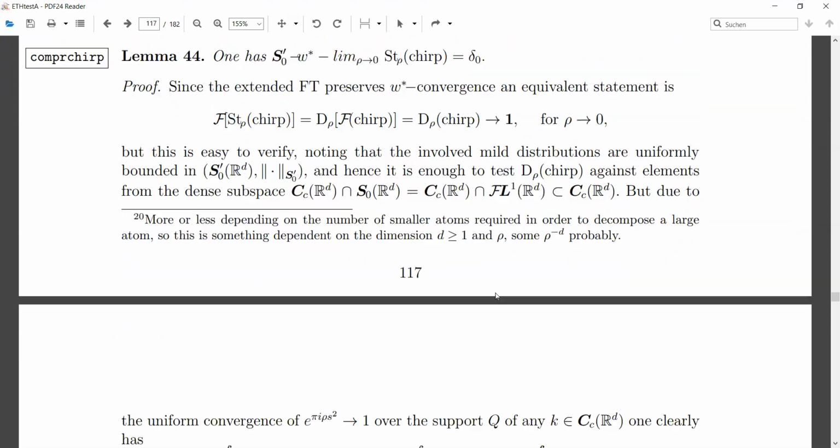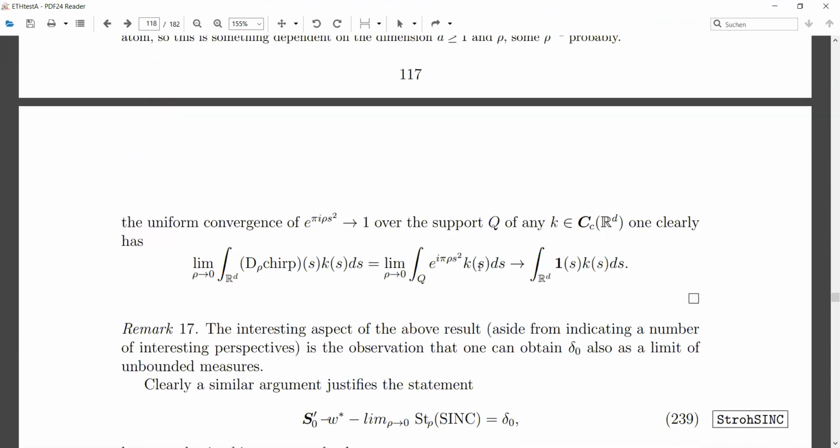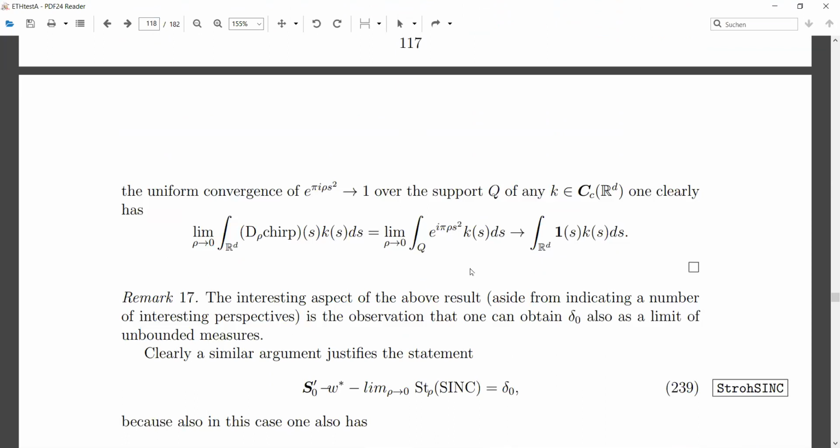Here you have maybe the detailed argument. Because of the boundedness of the chirps or the dilates of the chirps as a bounded family, because all of these chirps, even if you dilate them, are bounded in the space of continuous bounded functions. Therefore, they're all bounded in the domain of S0 prime.